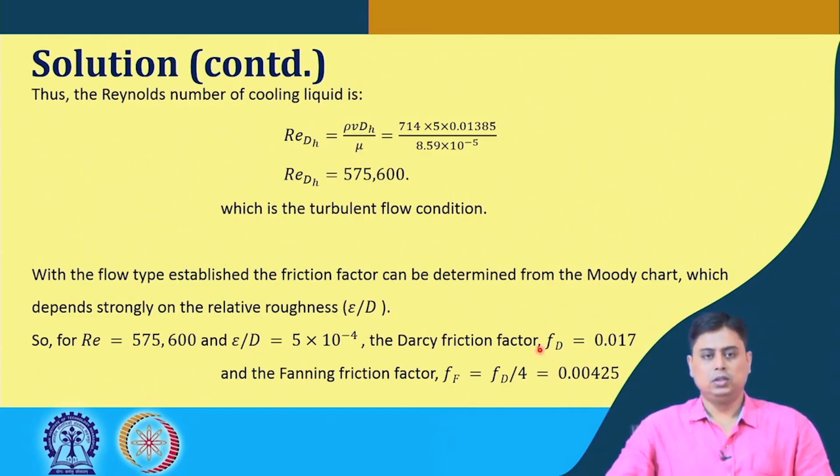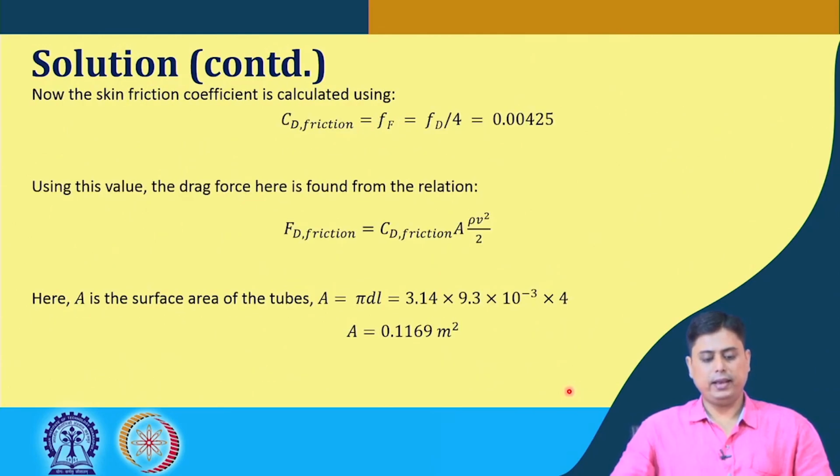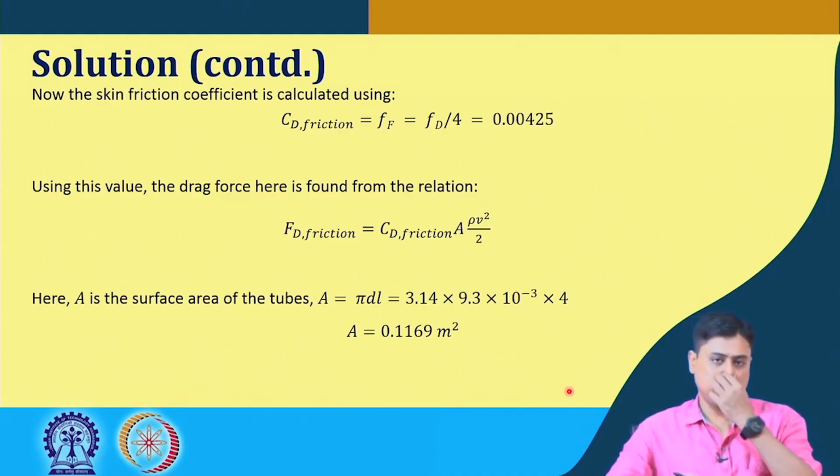The Fanning friction factor is 1/4 of that value. And this Fanning friction factor is basically the drag coefficient of the friction.